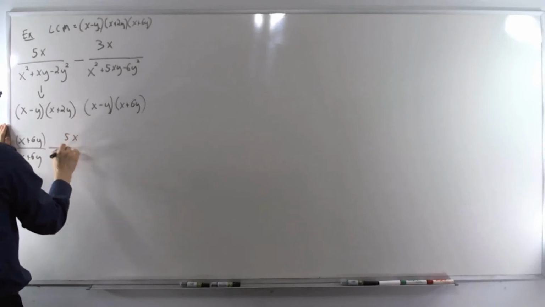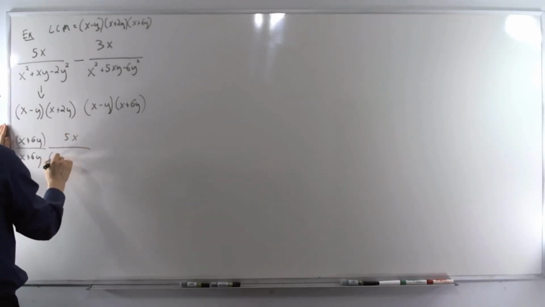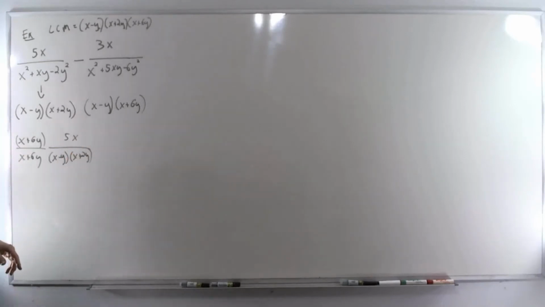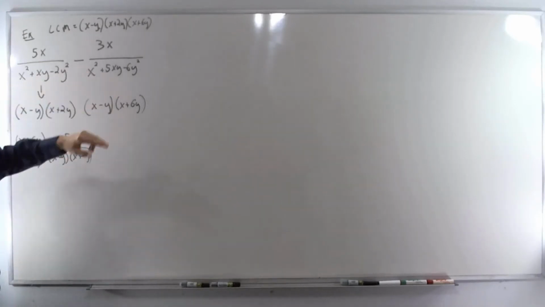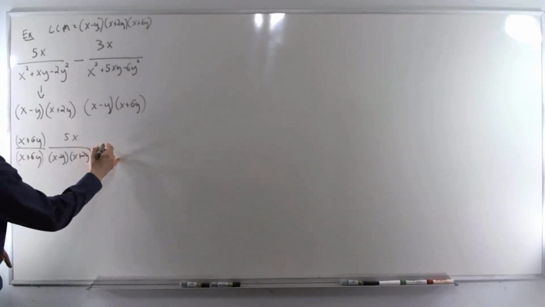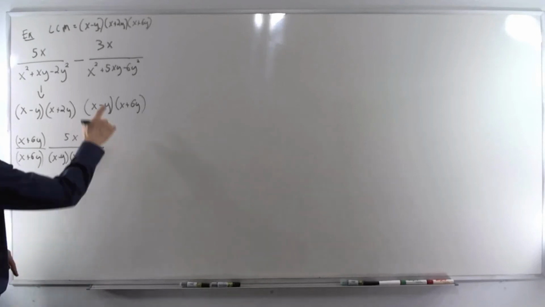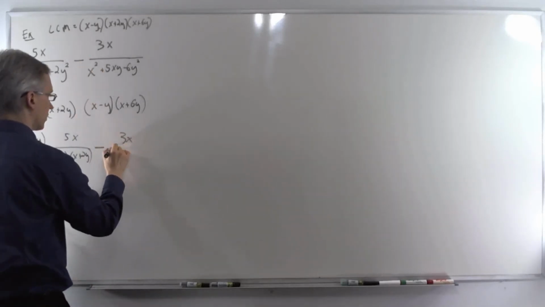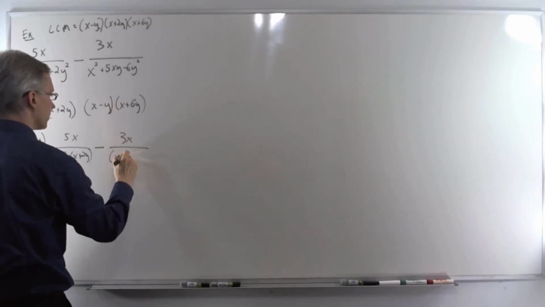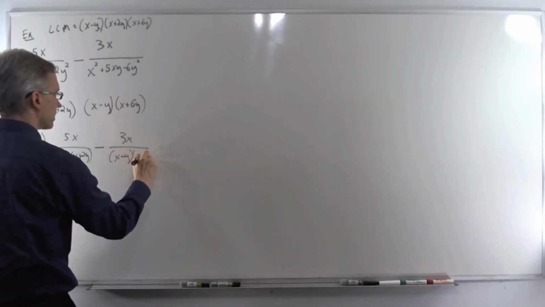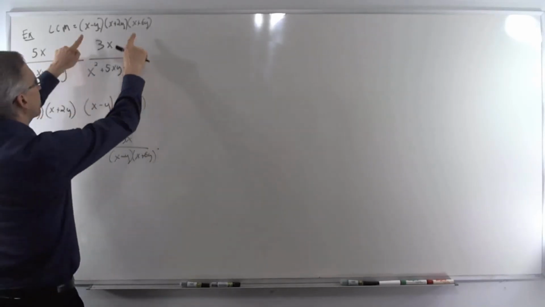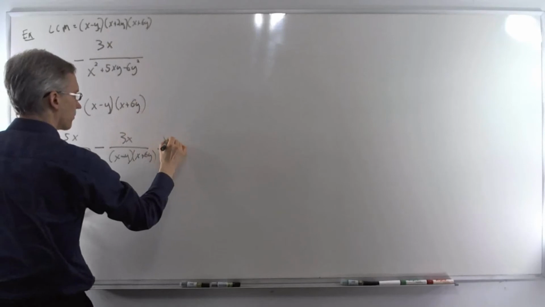So we have 5x over x minus y, x plus 2y. Once you get here, just get rid of those original expressions. Always write the denominator in factored form. Minus 3x over x minus y, x plus 6y. And we're going to multiply this one by the missing one. We've got these two, we're missing x plus 2y.